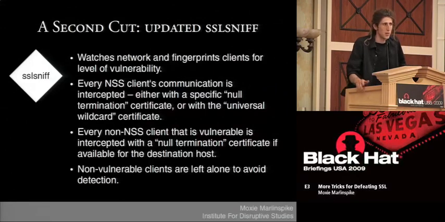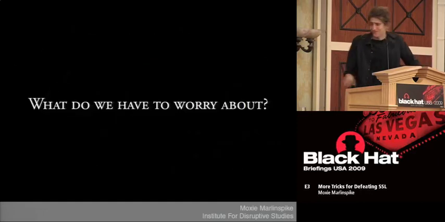Because you want to start identifying what clients you want to attack in what way. So it fingerprints the networks to figure out what clients are what, and then basically every NSS client is intercepted. And all the non-NSS clients that are vulnerable are intercepted if you have the null prefix attack certificate. And then whatever non-vulnerable clients there are just sort of left alone. So no one can detect it, so what do we have to worry about?